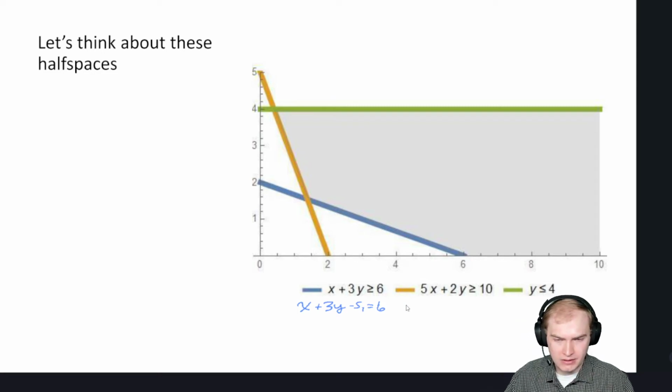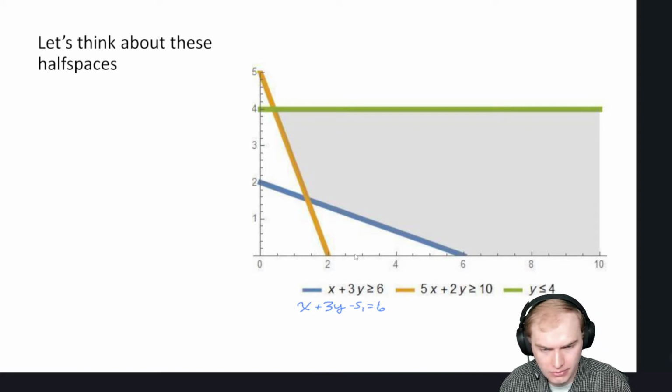So we subtract a slack variable for a greater than or equal to. We do the same, and for a less than or equal to, we add a slack.